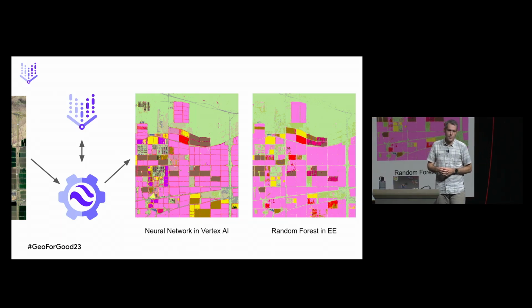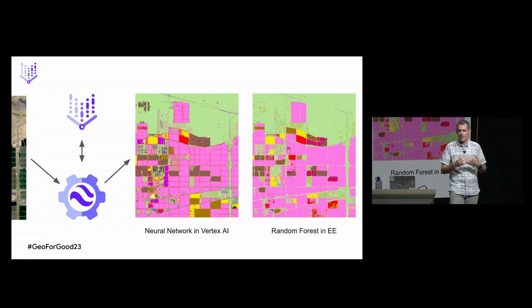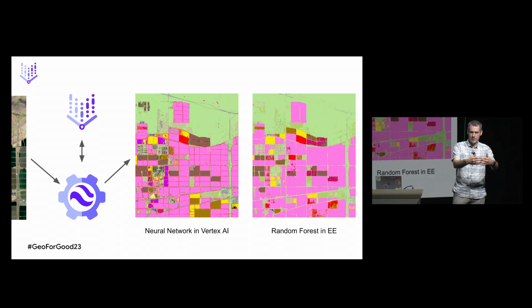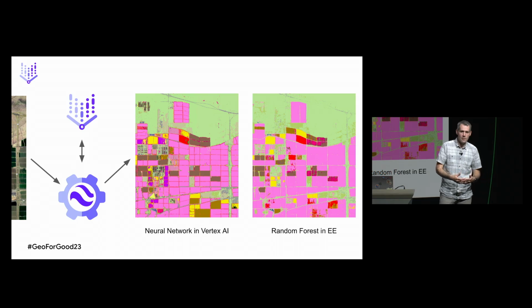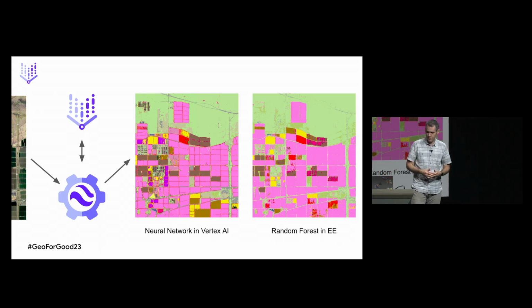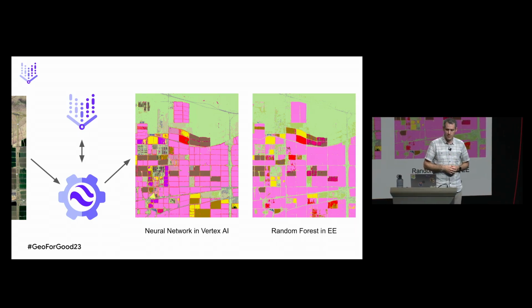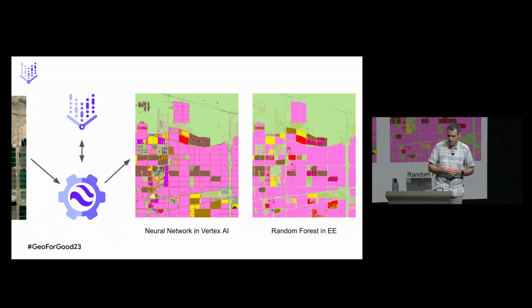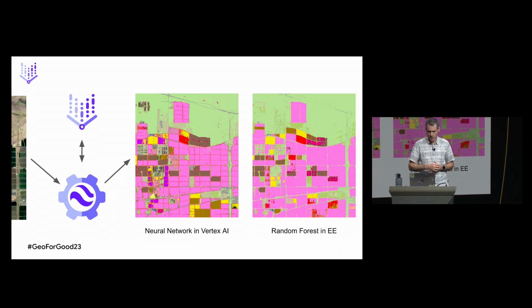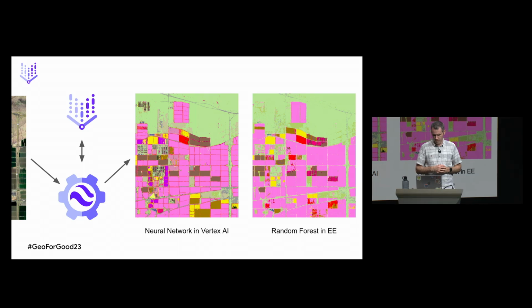And so working with them, we have developed a simple process where we have developed a custom model that we will have hosted in Vertex AI. Earth Engine can then send information to that model, images in particular, pixels. That model can predict that information and send it back to Earth Engine, and we can store it as an asset or export it as an image or what have you within Earth Engine.